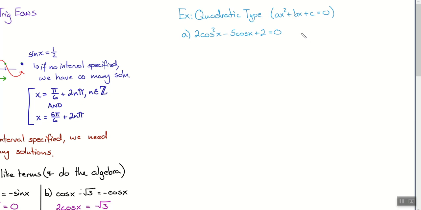To make things a little nicer, we are going to work on a specific interval, the one that is natural for us to use: the first period, where I want to find answers from 0 to 2 pi, where I include 0 but I don't include 2 pi. Because if I did, we would get two solutions, since 0 and 2 pi are the same angle. So closed on the left means I include it. Open on the right means I don't include it, because of the cyclic nature of these things.